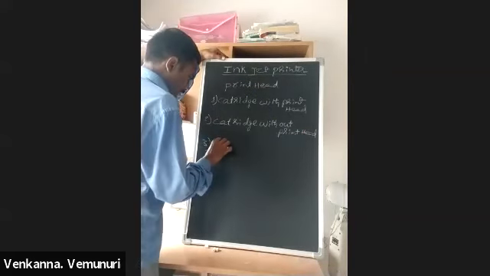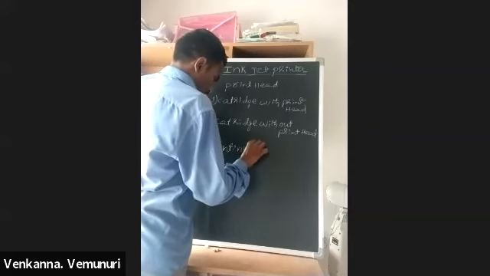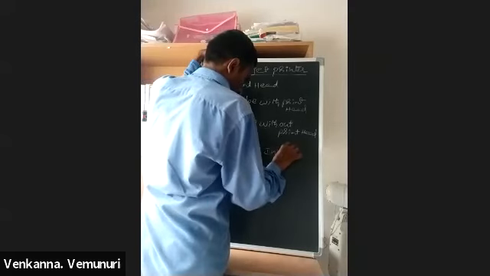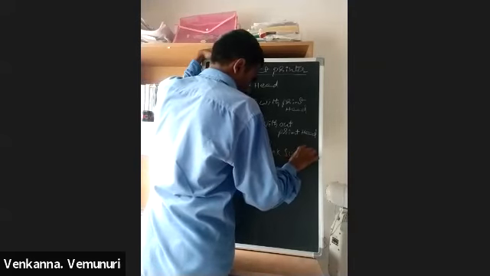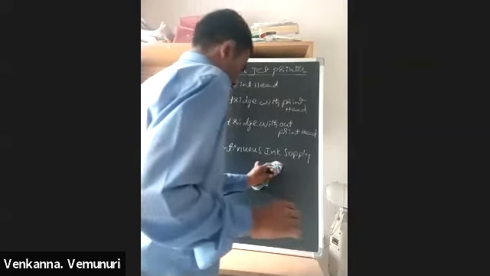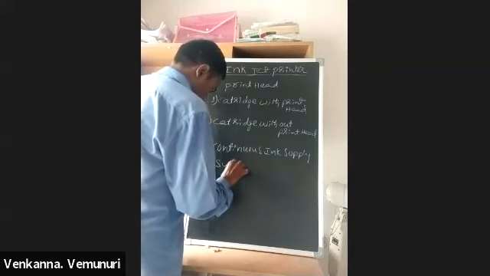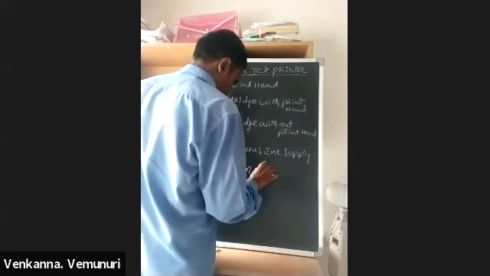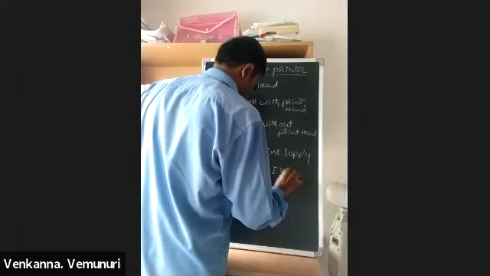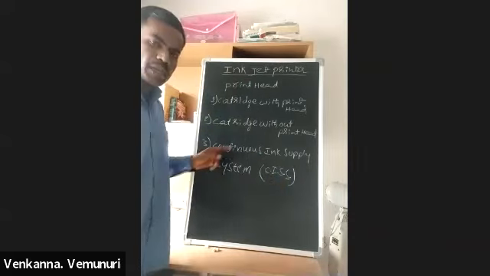Third one, continuous ink supply system. Simply we are calling it as a CISS, continuous ink supply system.